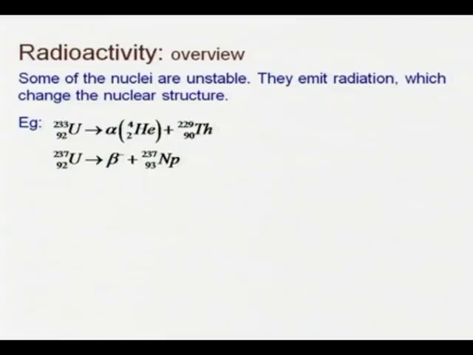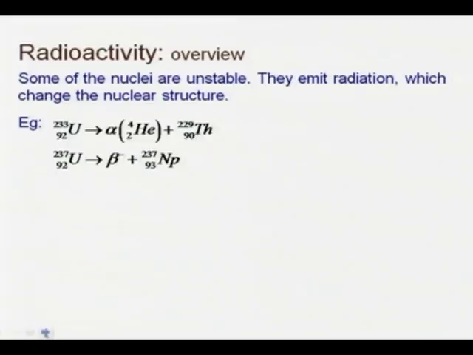Another example is uranium again, 92 to 37, which emits negatively charged particles, in fact electrons, and the Z number in this case goes up by 1 unit, becomes 93 from 92.